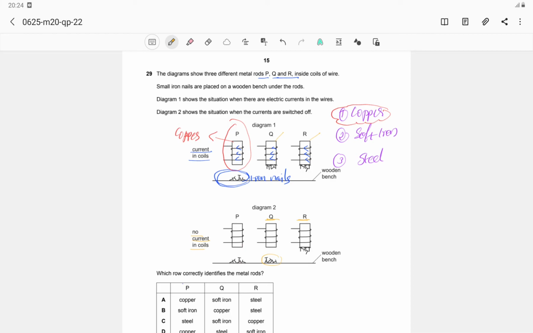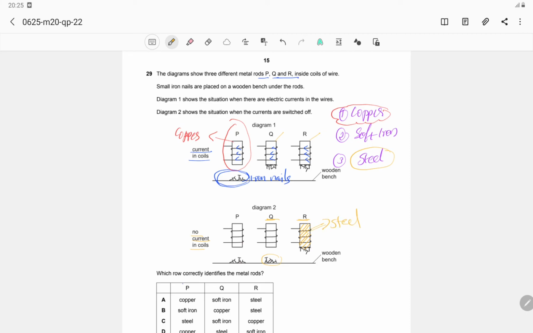That means even though the current has stopped, the metal R has a magnetic property. That means R is a metal which has a higher magnetic property. That's why even when the current is switched off, it still has the magnetic property to attract the iron nails. Now we check which one has more magnetic property, and that is nothing but steel. So this one must be steel.